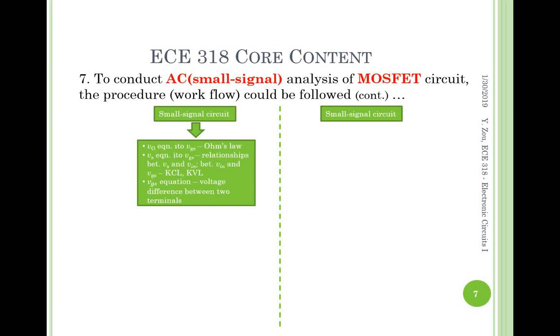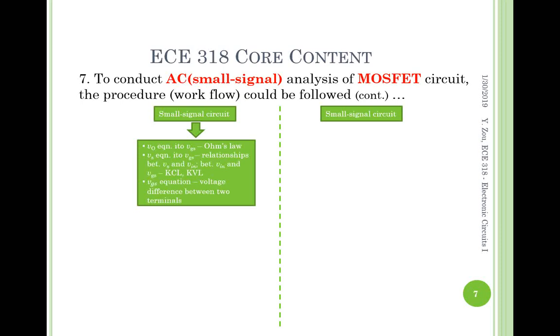And since VGS is part of the dependent source on the output side, I'm trying to find V0 in terms of VGS, and then on the input side, VS, I'm trying to do the same thing. Second, writing a VS equation in terms of VGS.